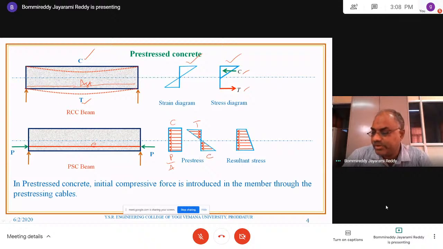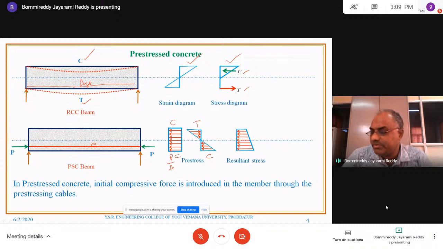So that means by using pre-stressing steel below the neutral axis, we can increase the compressive stress at the bottom. You can look here, the compressive stress because of the direct force P and also bending is C only.